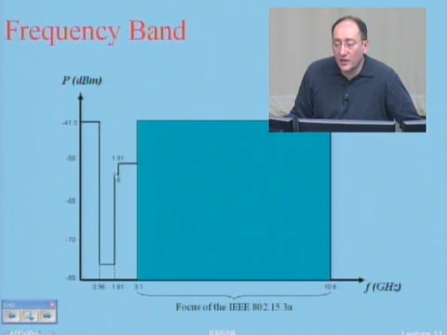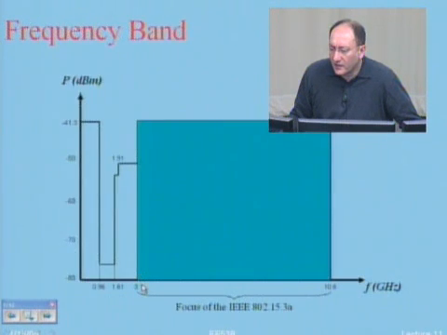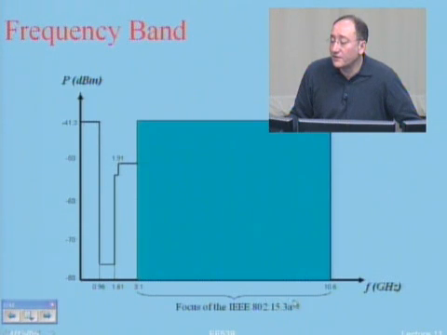Then it goes low, and then it has some glitches, and then at 3.4, I believe, it comes again to minus 41 dB up to 10.6. And this band, which doesn't go up and down, is the band that people in 802.15.3a are interested in, while these other bands are also available according to the FCC rule.